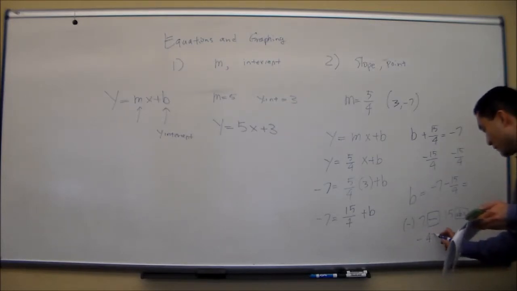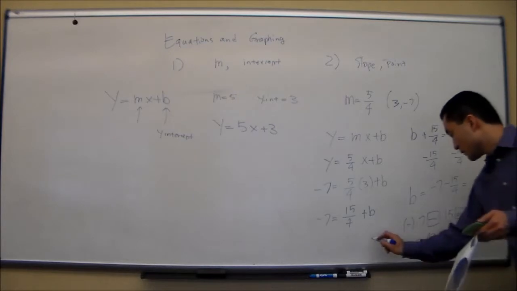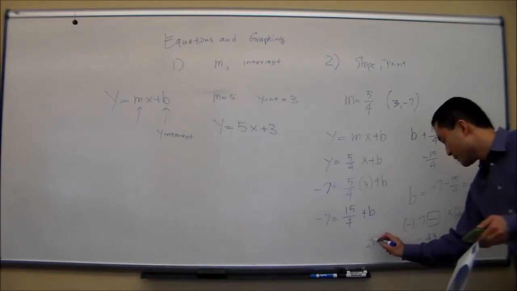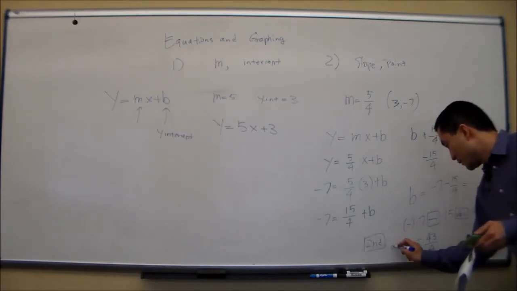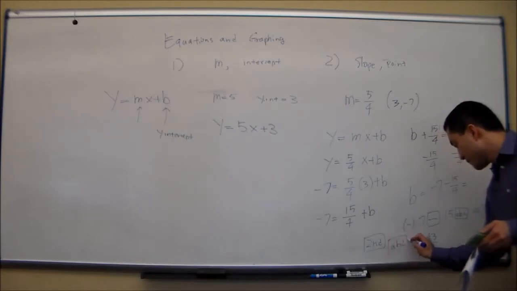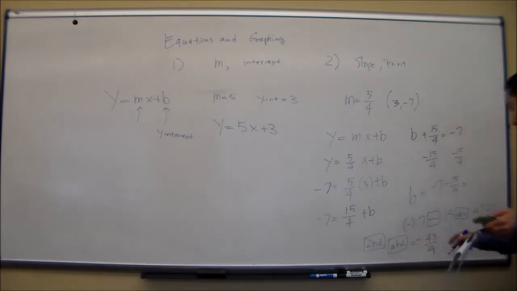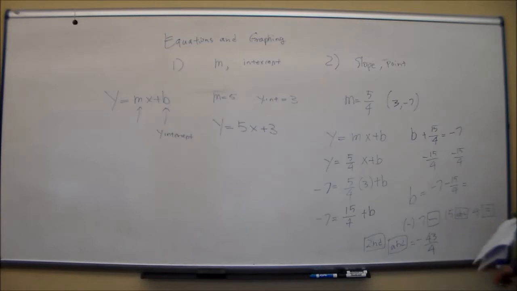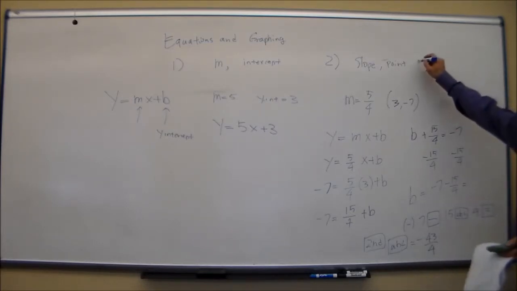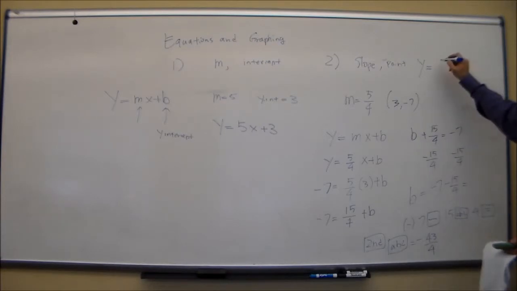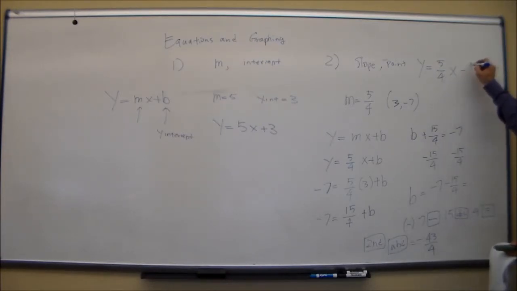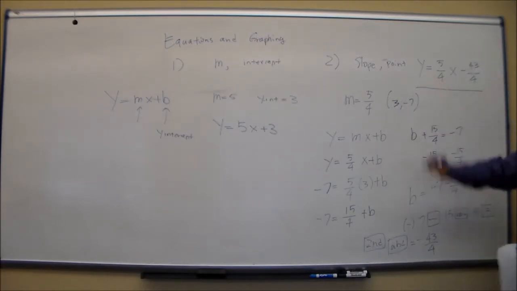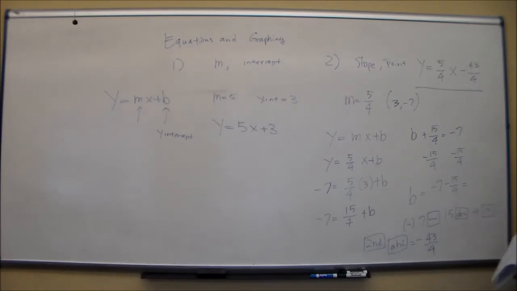Gives you negative 43 over 4. So that's the b. The final answer is then 5 over 4 x minus 43 over 4. That's your final answer for this.